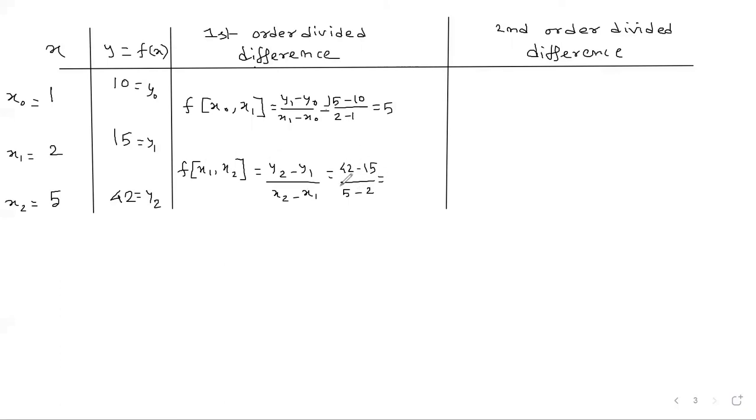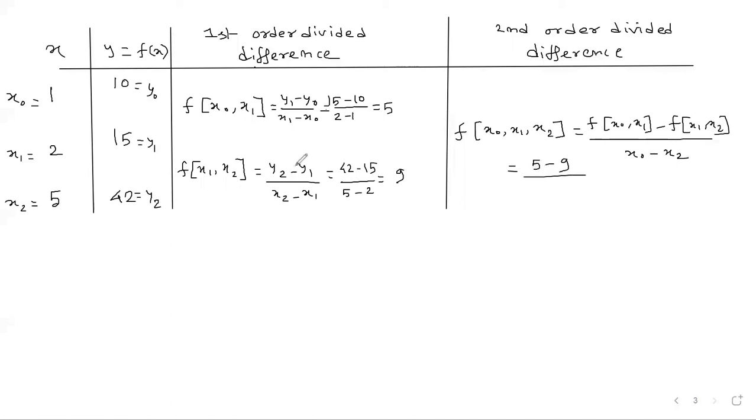So it is 27 divided by 3, which is equal to 9. And the second order divided difference f of x0, x1, x2 is equal to f of x0, x1 minus f of x1, x2 divided by x0 minus x2, which is equal to 5 minus 9 divided by x0 is 1 and x2 is 5. So it is equal to minus 4 by minus 4, which is equal to 1. So these are the possible divided differences.